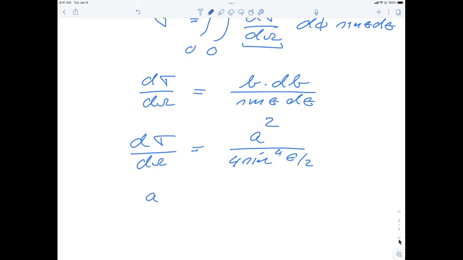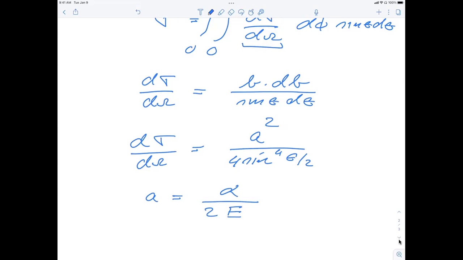This parameter a is given by the parameter in front of the force, or the potential, divided by 2 times the energy of the incoming particle.